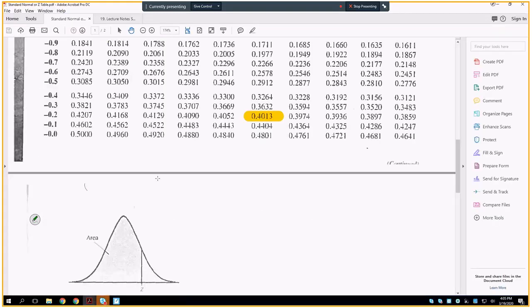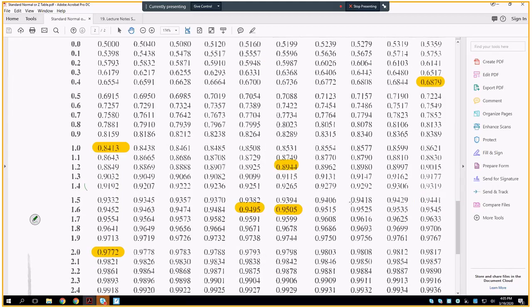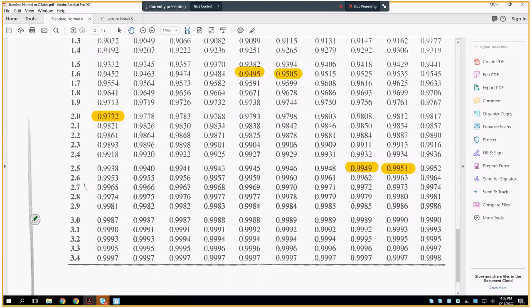That's a really big probability, so I'm going to scroll down, down, down. Okay, and here in the row that's 2.5, I see that I don't quite get 0.995 like I want, but I'm in between 0.9949 and 0.9951. And we know that in that situation, we just take the average. So this is 2.57, the z-score, and this is 2.58.